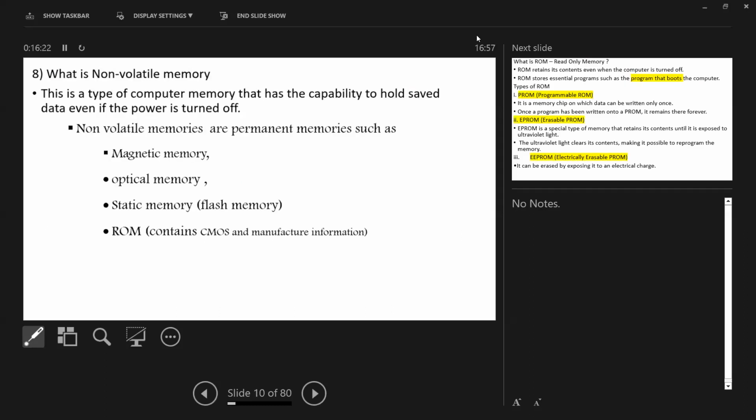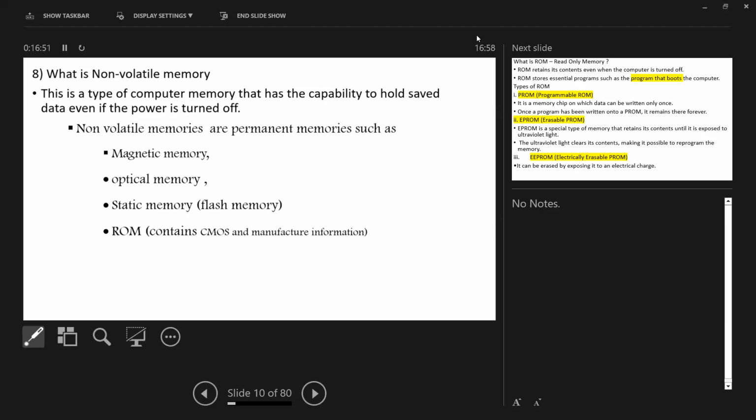What is non-volatile memory? We are going to discuss non-volatile, that means permanent memory. This is a type of computer memory that has the capability to hold saved data even if the power is turned off. When the computer is switched off, the data is still saved in the memory. We call it non-volatile memory or permanent memory.